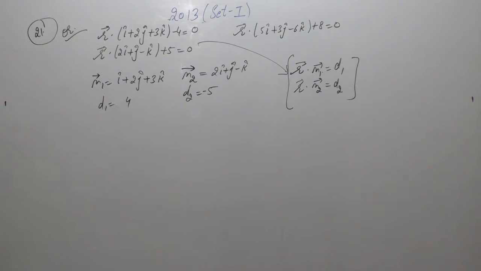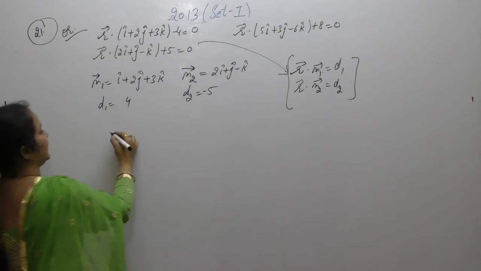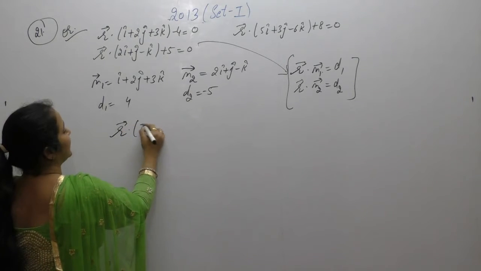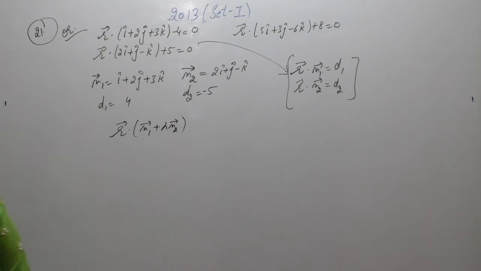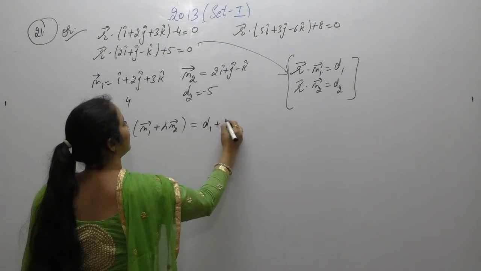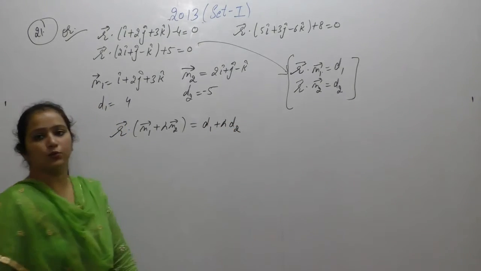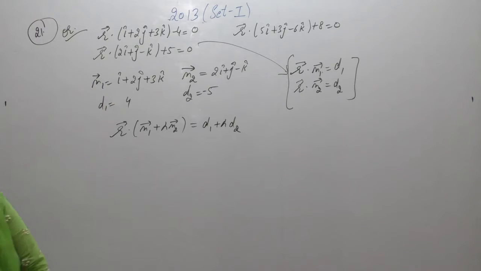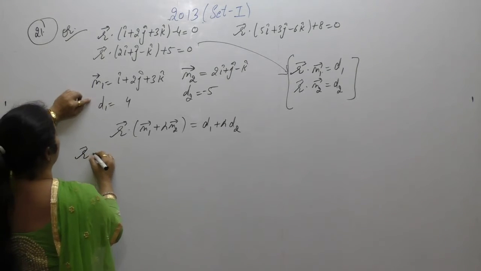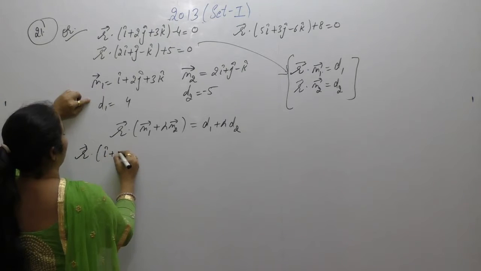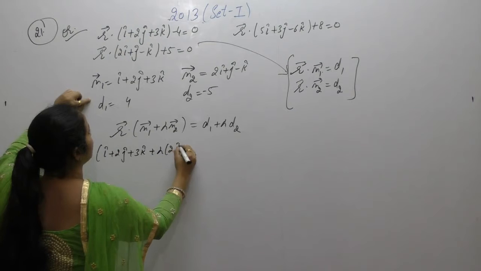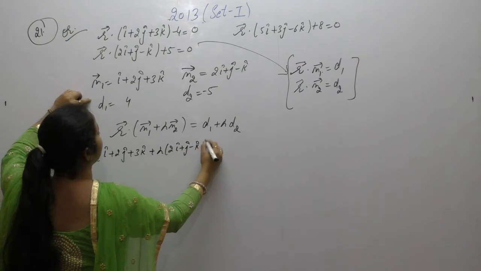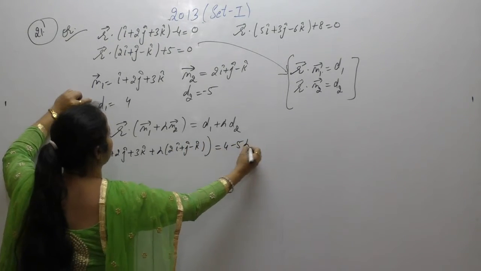Now we want to find the vector equation using r vector dot (n1 vector plus lambda n2 vector) equals d1 plus lambda d2. Now put the values of n1, n2, d1 and d2. n1 is i plus 2j plus 3k plus lambda times (2i plus j minus k), and d1 minus lambda d2.